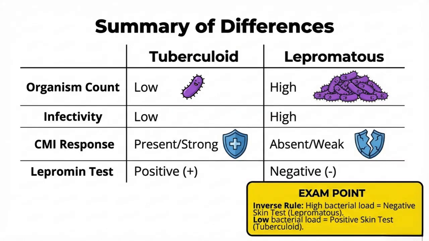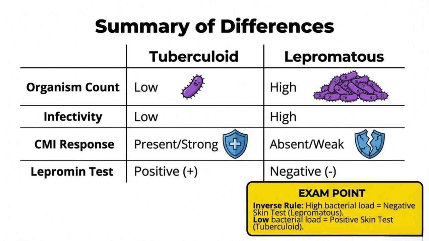Now that we have compared the clinical presentations of tuberculoid and lepromatous leprosy, let us consolidate the key differences in a structured manner. Tuberculoid leprosy is characterized by a low organism count, low infectivity, strong cell-mediated immunity, and a positive lepromin skin test.